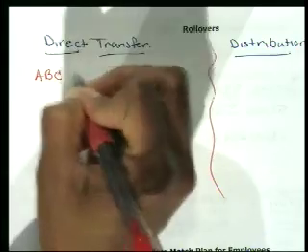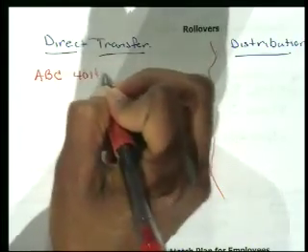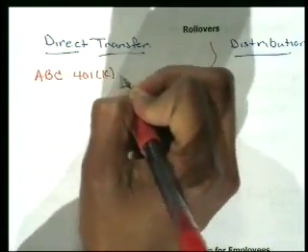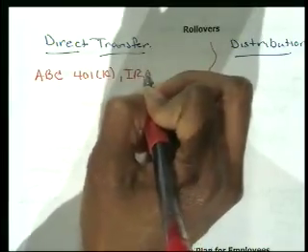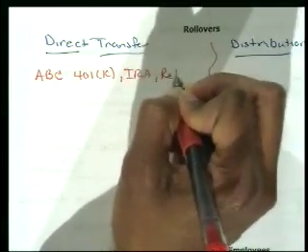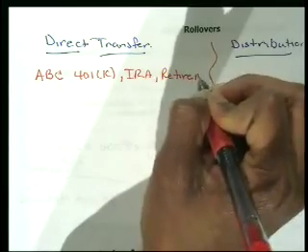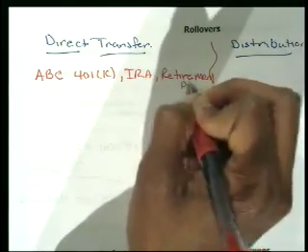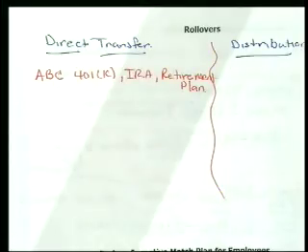Let's say that I have my money in an ABC 401k. Maybe it's in an IRA, and maybe it's in some type of retirement plan. Okay?